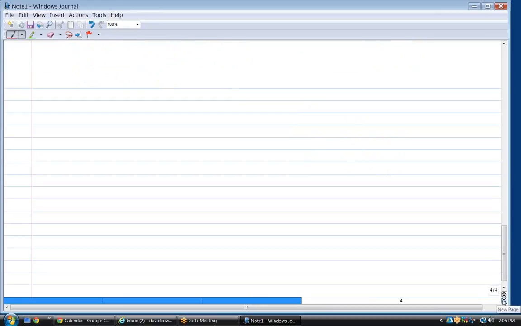What else? Next one. Identify the maximum and minimum of the function, y equals 7 cosine x.